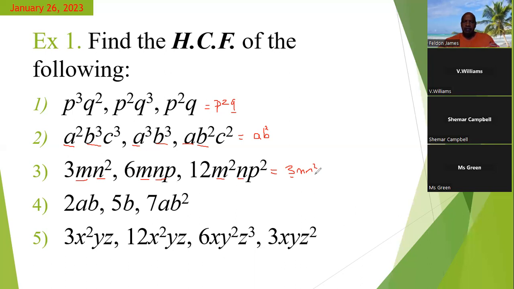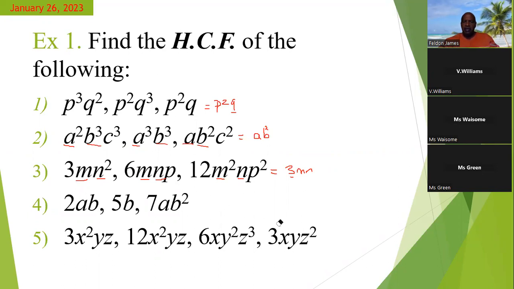Is it N squared? No, sir. So you got it correct the first time, Ms. Cavero. It's just 3mn. So you have to pay attention closely to the power.